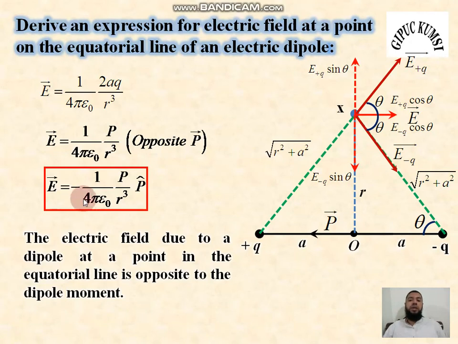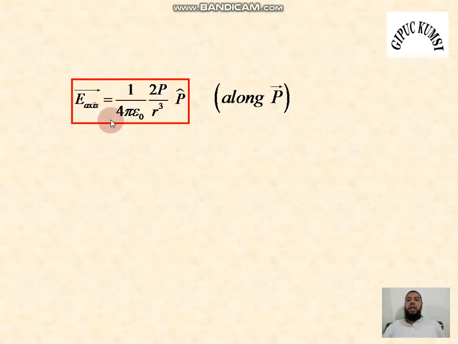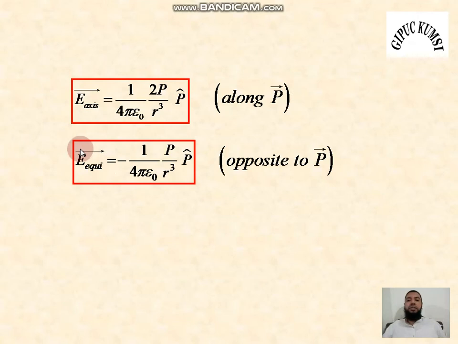The net electric field due to a dipole at a point on the equatorial line is opposite to the dipole moment. Hence we have learned that the electric field on the axis of a dipole is along the dipole and the electric field on the equatorial is opposite to the dipole.